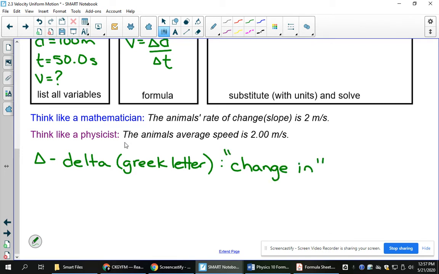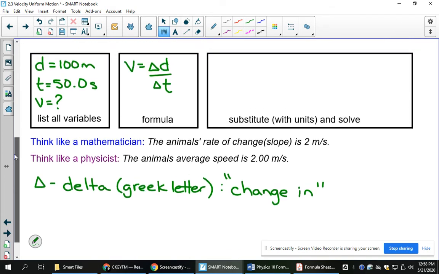So if we look at this formula, what it's literally saying is that velocity is equal to a change in displacement or distance over a change in time. The reason why we think about it this way is because I could have a question where maybe my distance changes from 10 to 20, right?